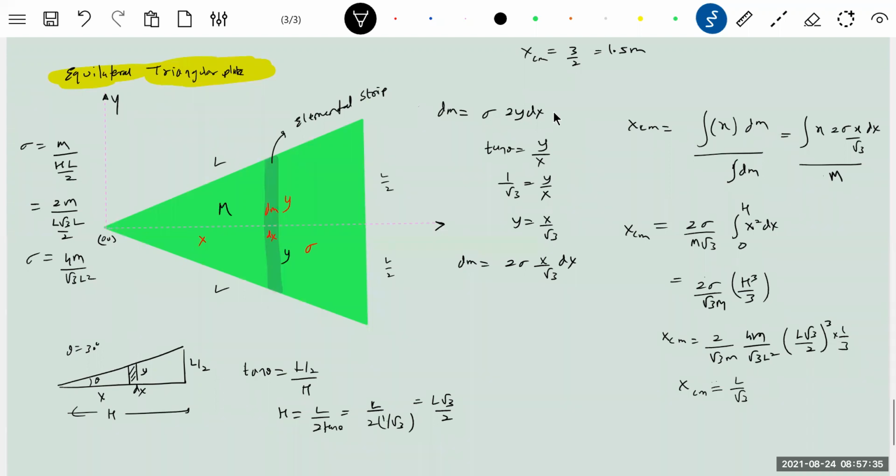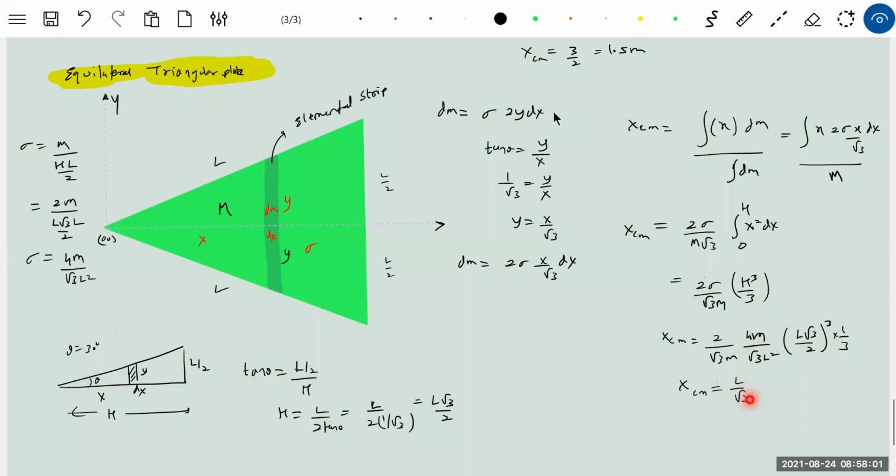Here root 3, 1 will cancel out. Here root 3, here 3 will come. Here the square is there, so 3 root 3 will come in the cube. This 3 will get cancelled. Here 2 is there, here 2 cube is there, here 4 is there, 2 4 is 8, so this will get cancelled out.